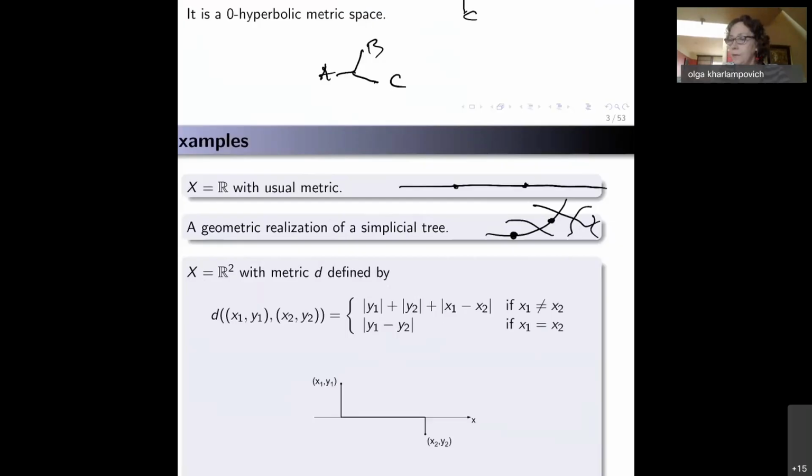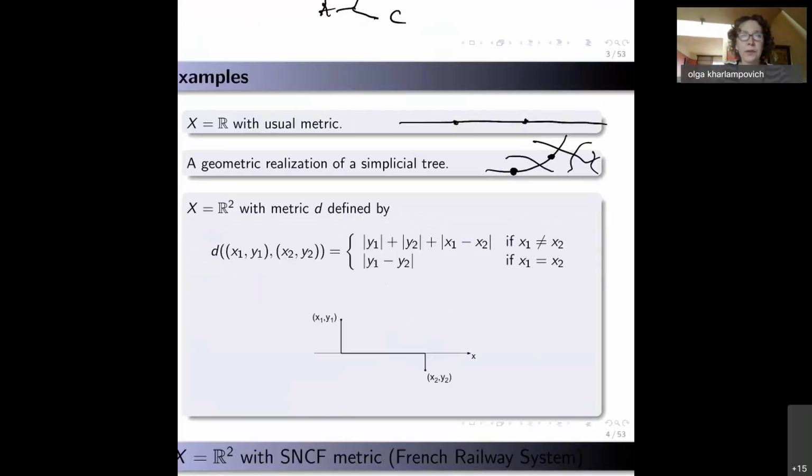Then something more interesting: we can turn a plane into an R-tree. Take R2 and define the metric like this. The distance from point (x1, y1) to the point (x2, y2) is computed like this. We go to the x-axis, then we go along the x-axis, and then we go again orthogonally.